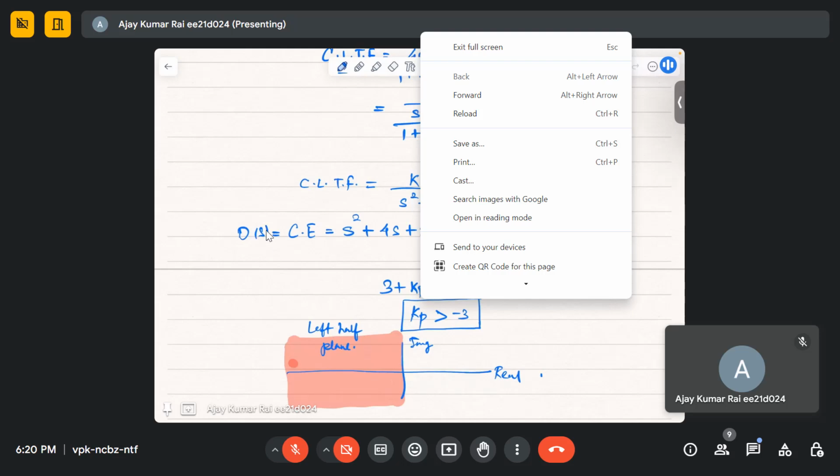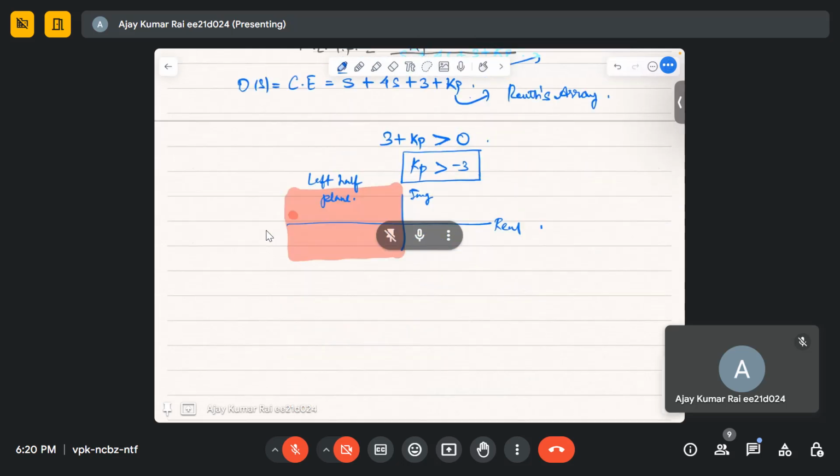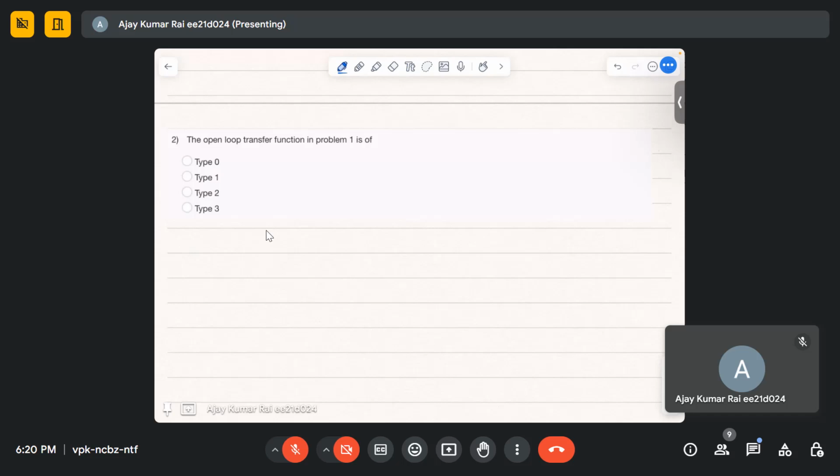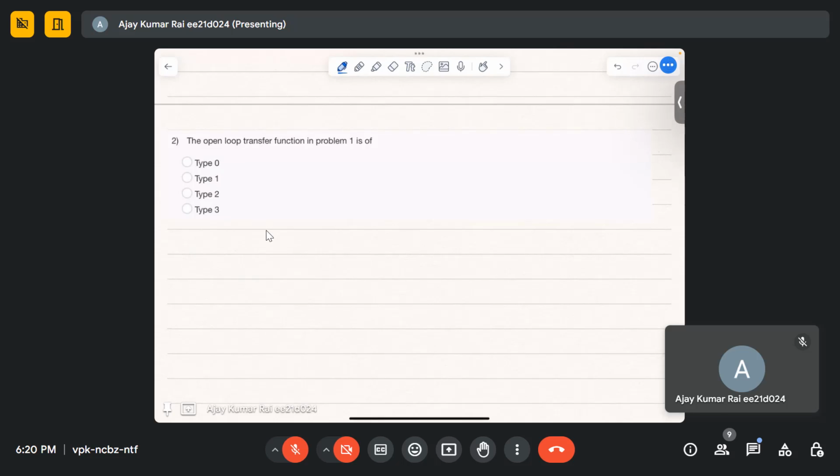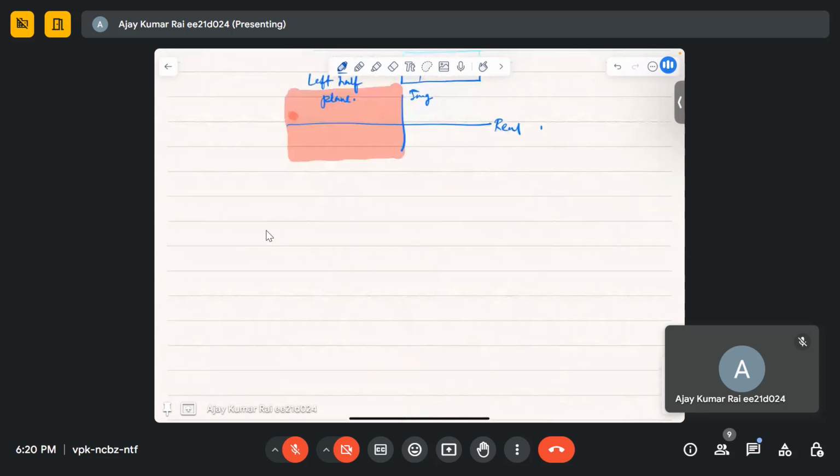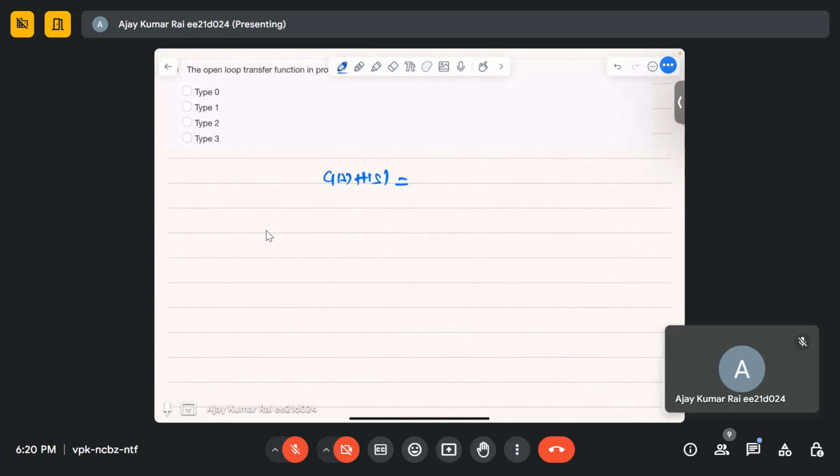Okay, I think this was a very simple question. So we'll go to the next question. The open loop transfer function of plant 1 is, again, G(s)H(s) equal to Kp by s square plus 4s plus 3. So this is the open loop transfer function.